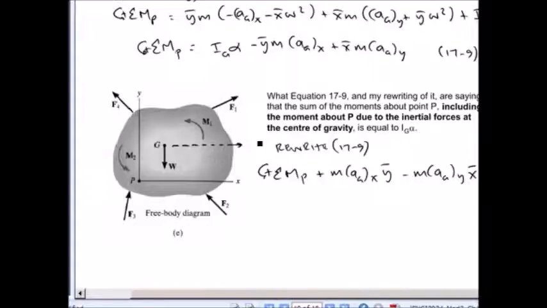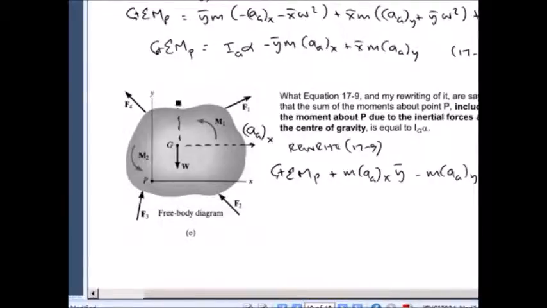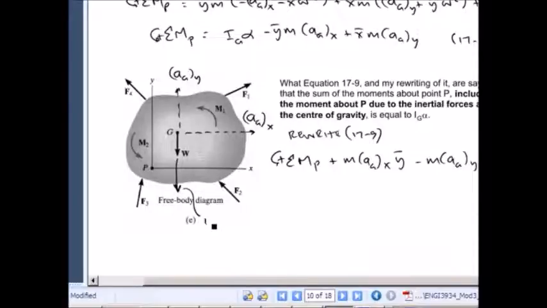In the past, I've spoken about inertial force. If this body has a center of gravity g, and its acceleration is positive, so a_gx in the x direction is to the right, and a_gy is upward, the inertial force is equal to minus ma, opposite the acceleration.